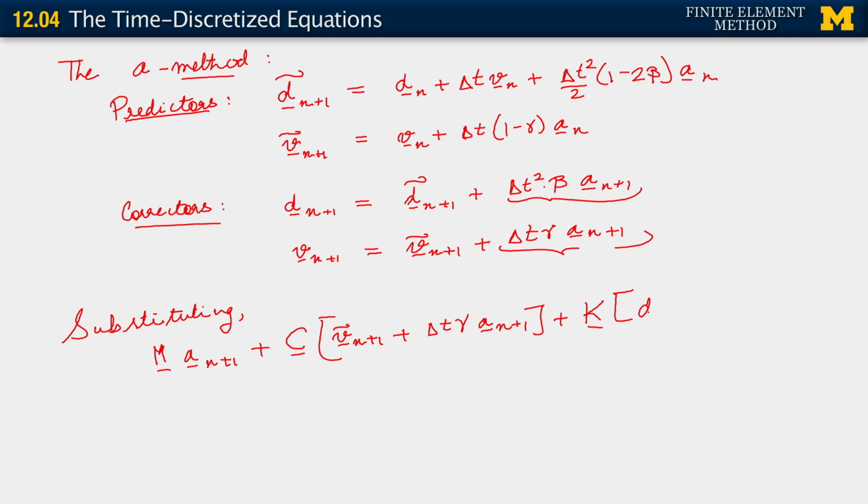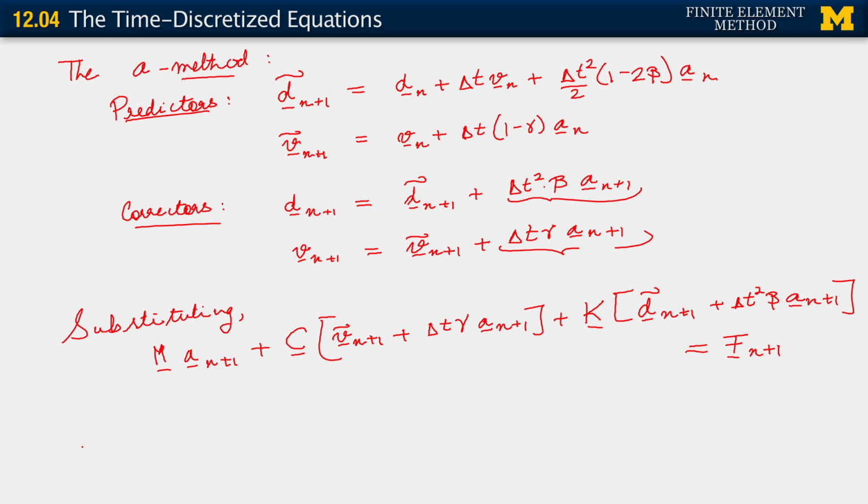So again we get predictor plus corrector. Okay, this is the entire left hand side. All of this equals f at n plus 1. Now this is the so-called A method, and by using those predictors and correctors, what we've done is to rewrite the equation entirely in terms of a at n plus 1 and predictors for d and v.